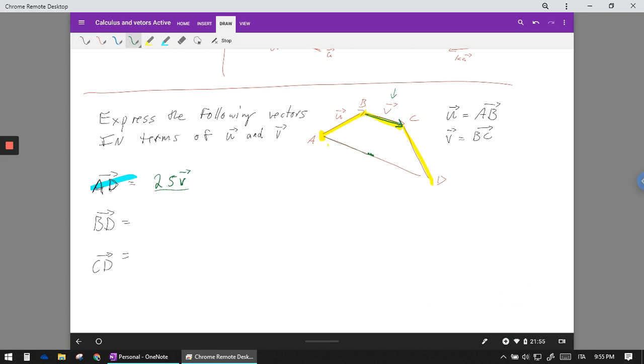If I travel 1, 1, 2, 2. Oh, it actually even looks like 3. Almost 3. So the AD vector is equal to about 3 of the V vectors, assuming that these are parallel as well, okay? So that's kind of the idea there, all right?